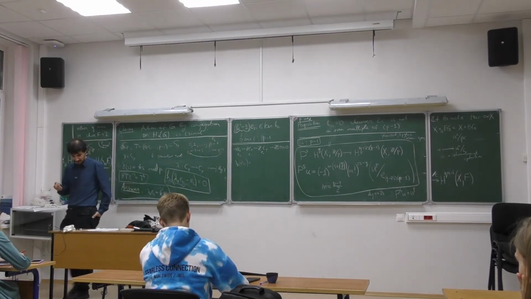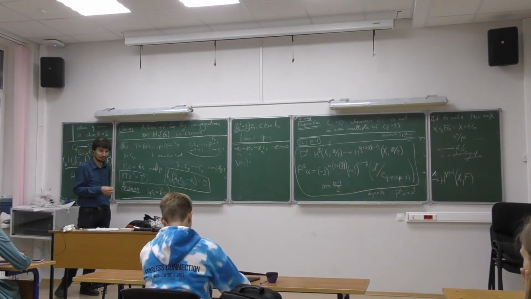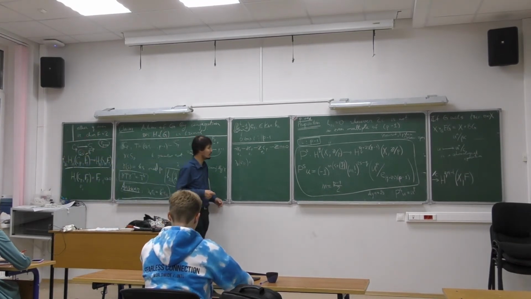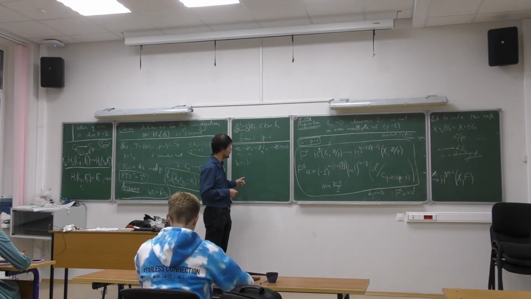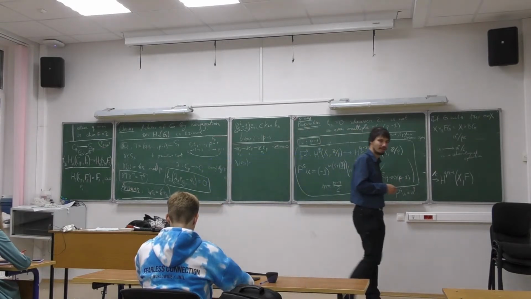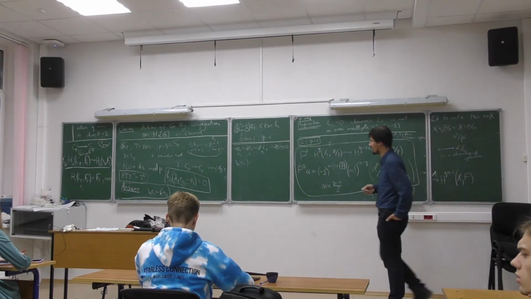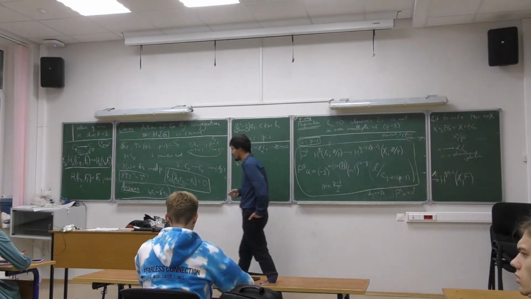The matter is that this is not given to us. To us is given only the action on the group. But we would like to invent an action on the resolution, which will be compatible with the action on the group.